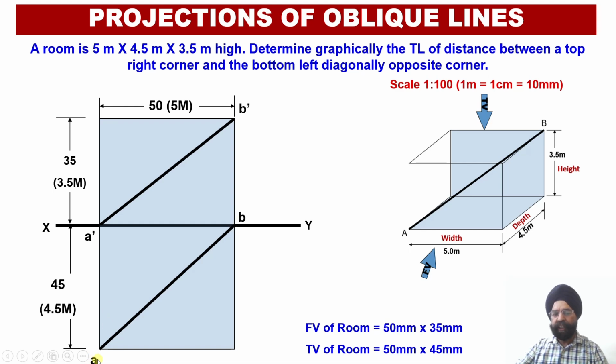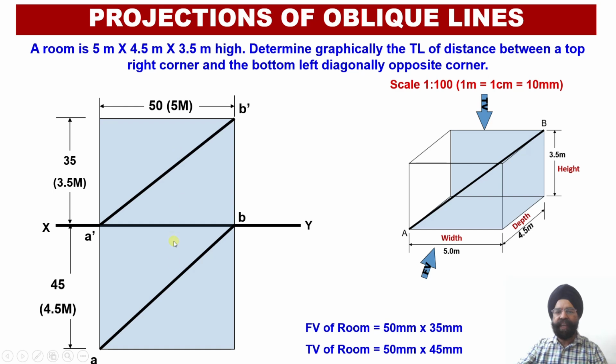So this point B top view will be projected at this corner. So once again, we can join these 2 points A and B and we will be able to obtain the apparent length corresponding to the string which is going to join these 2 opposite corners of this particular room over here. So the front view has been obtained as A dash, B dash, and the top view of the string has been obtained over here as AB.